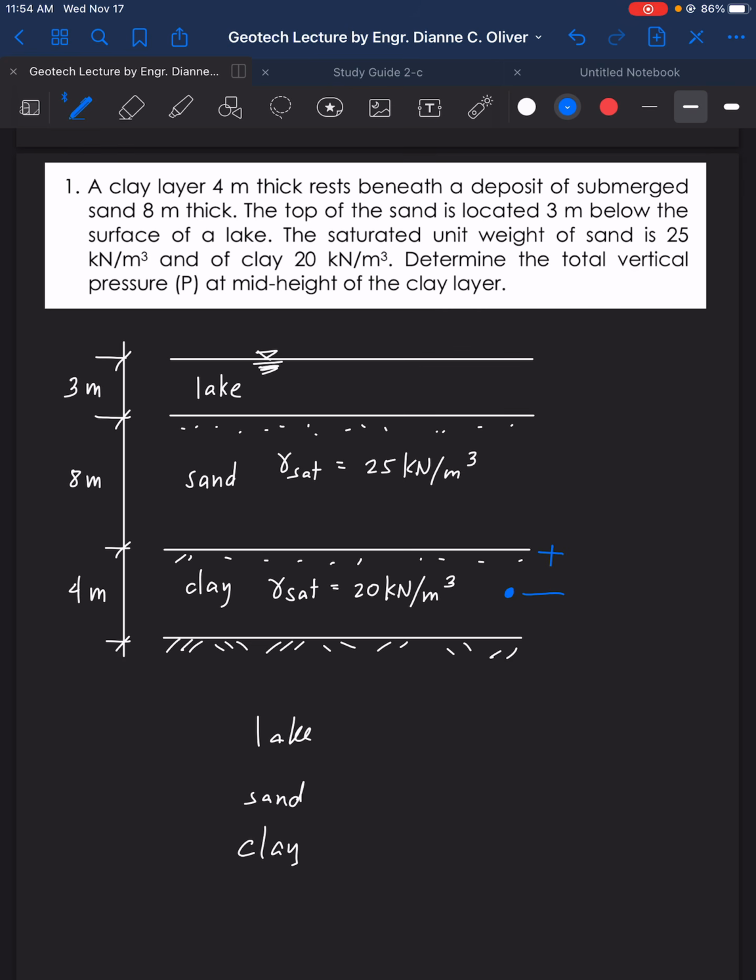So this is 2 meters. So it's asking for P total here at this point. Okay?